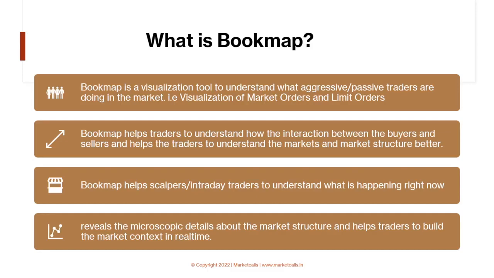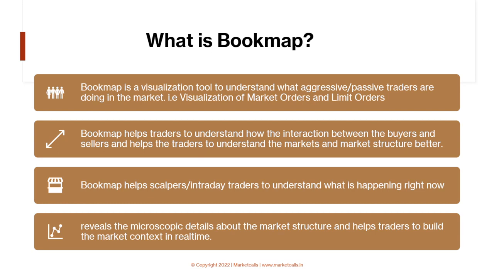If you ask me what Bookmap is all about, Bookmap is a visualization tool to visualize volume activity which is happening right now in the markets. Generally, we can classify volume activity into two categories. One is aggressive activity, aggressive traders who send market orders, and then passive traders.